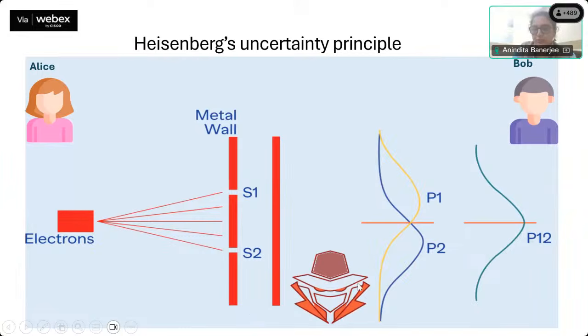And if somebody tries to monitor whether the electron has come from either one of these slits, then it collapses to a classical signature. So the principle of quantum key distribution is based on using non-orthogonal states, because I will not be able to find out the state without introducing some errors, since I'll be changing the property if I do a measurement without knowing the state. So that is one. And the second is the no cloning theorem.